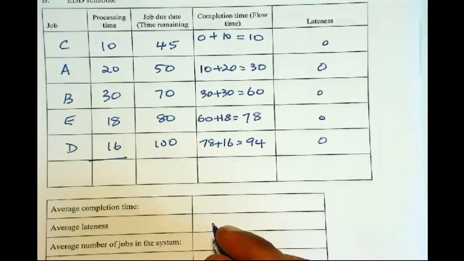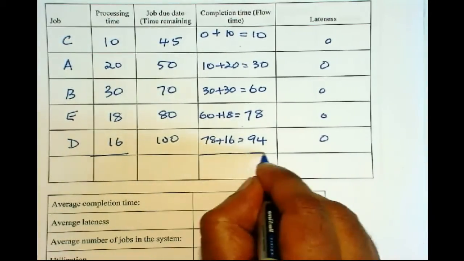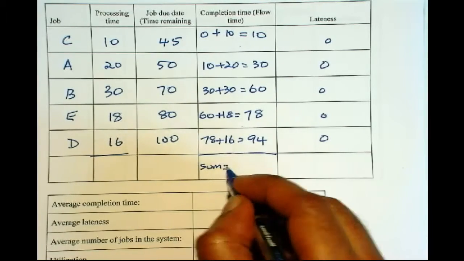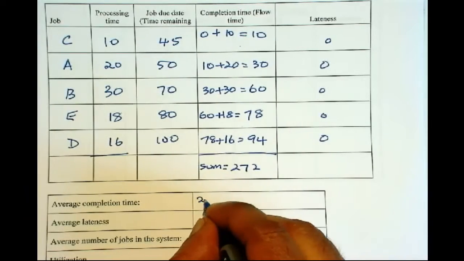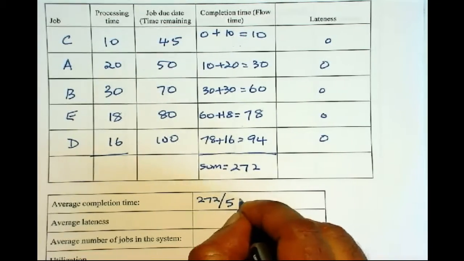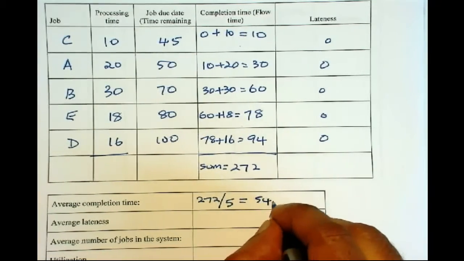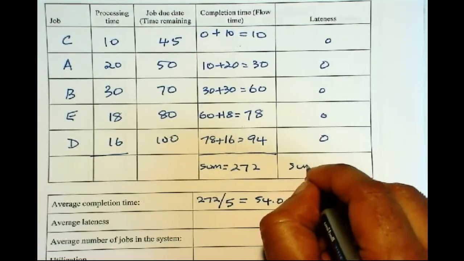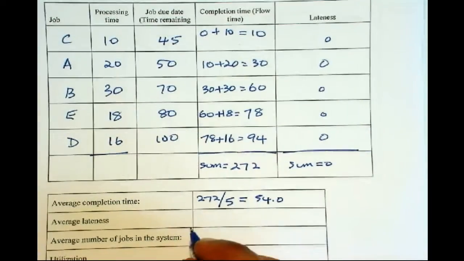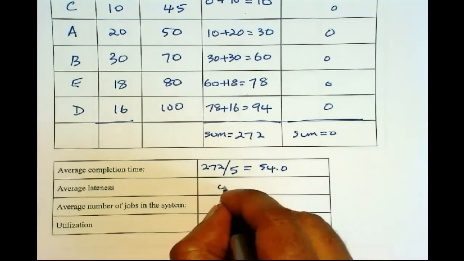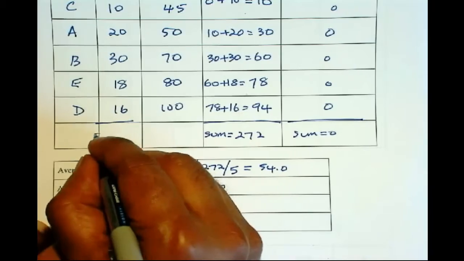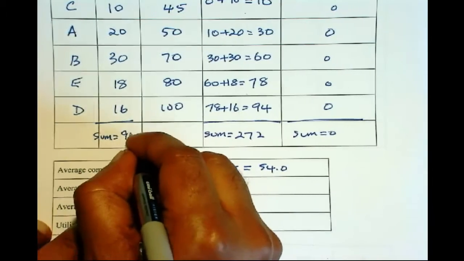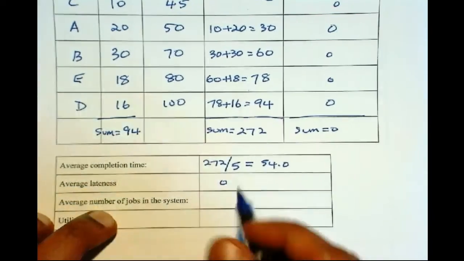Now the average completion time: sum this, which is 272. So 272 over 5 gives you 54.4. Average lateness is 0. For the average number of jobs in the system, you need the sum of processing times here.